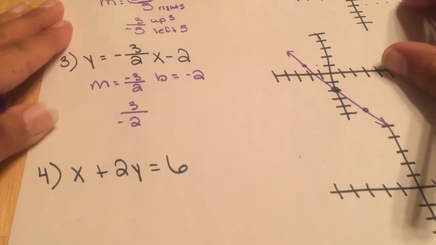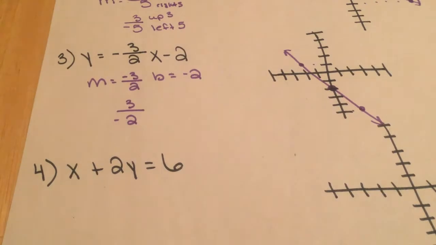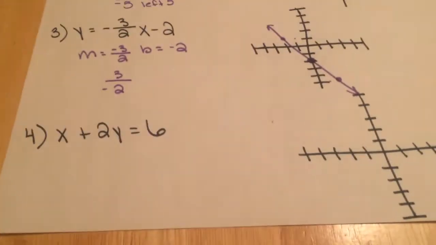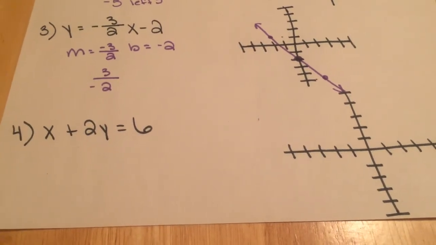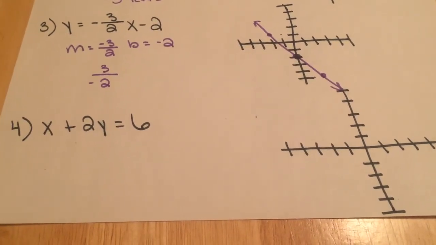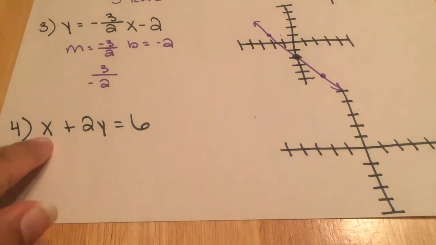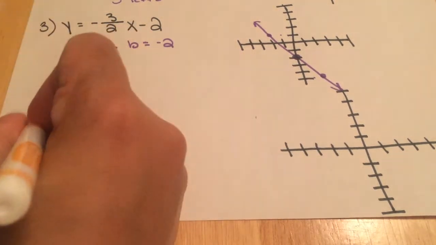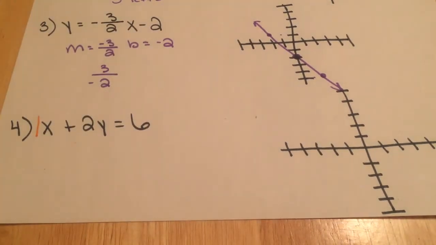And the last example we have, again, I just want to use it as an example to show you guys that yes, we can use slope and y-intercept to graph a line like this. However, not my favorite. The reason is it's in standard form, and we know that this is our invisible 1 right here. So 1, 2, and 6 actually have a relationship.